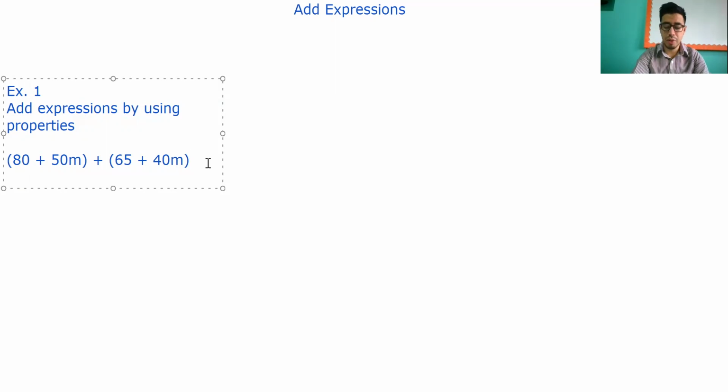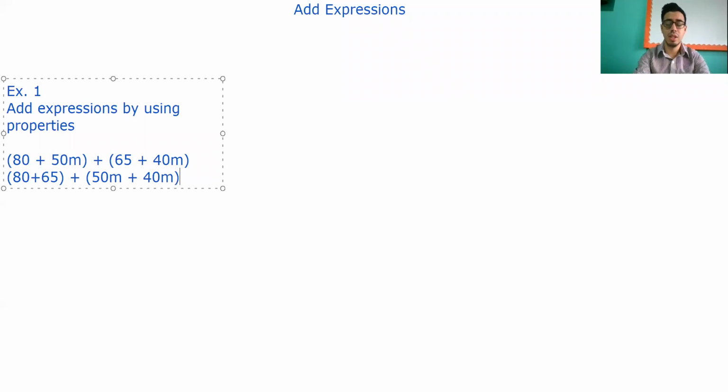Then I can move 80 plus 65. This is for the terms that don't have any variable. Now plus, and I'm going to add the terms that contain the variable M. 50M plus 40M.